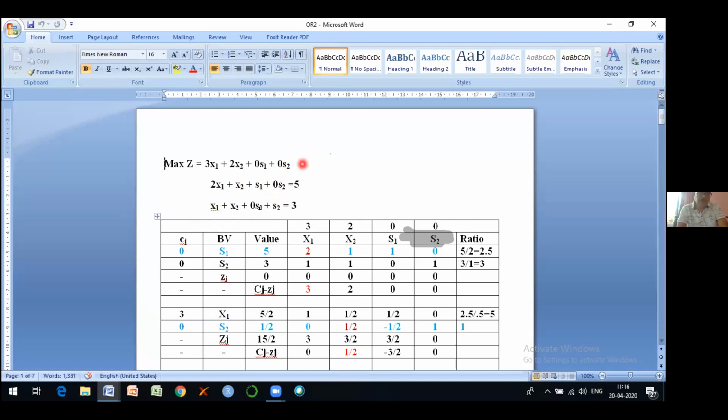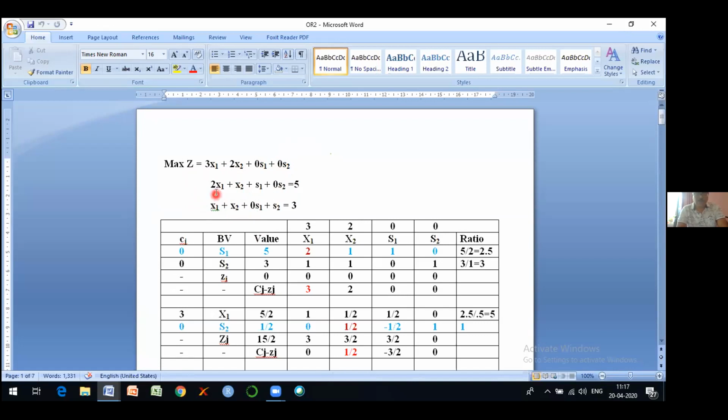The modified problem: maximize z equal to 3x1 plus 2x2. We are considering two constraints, therefore we are taking two slack variables, and here the coefficient is 0: 0s1 plus 0s2.